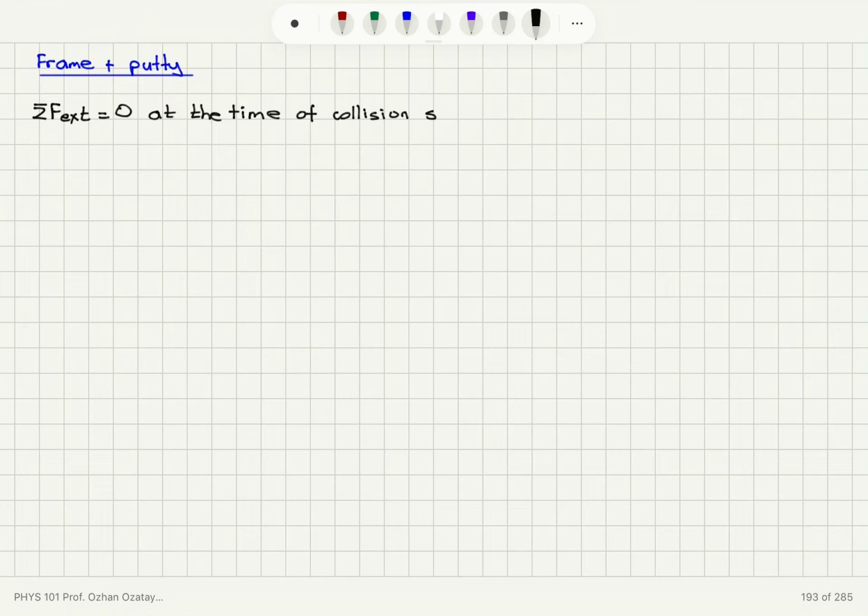Why? Because the net force on the y-axis is 0. The spring force is balancing the weight of the frame, and therefore the conclusion is that in this collision process, linear momentum must be conserved.